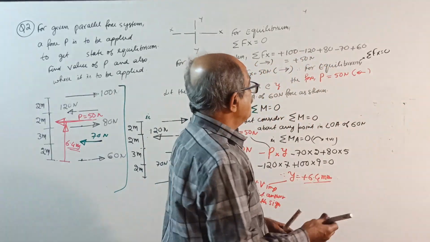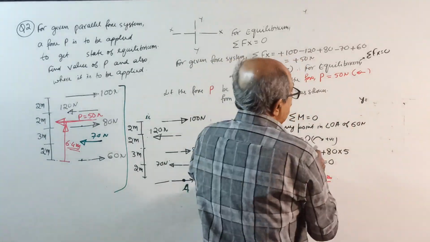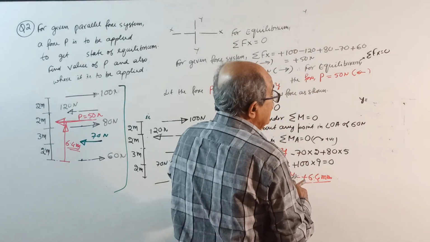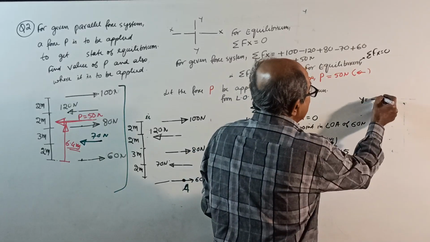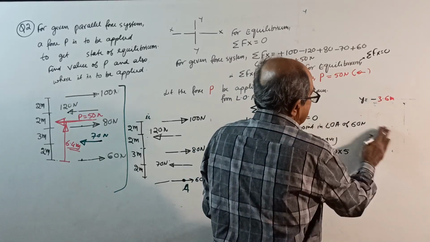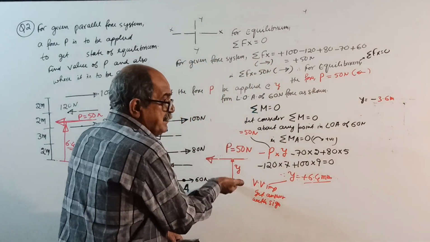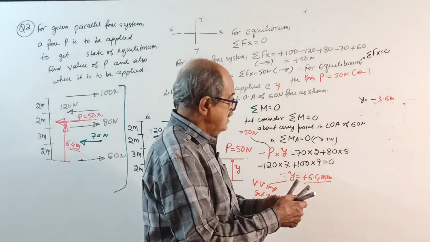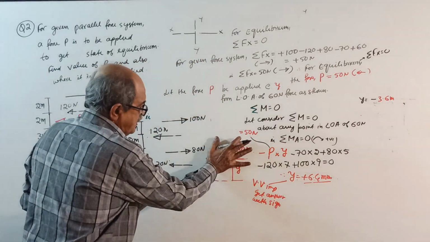Suppose your Y comes, just imagination, only for understanding purpose, minus 3.6 meter. Then what does it mean? We took Y above, negative came. So Y is not above, it is below. That means your P will not be here.